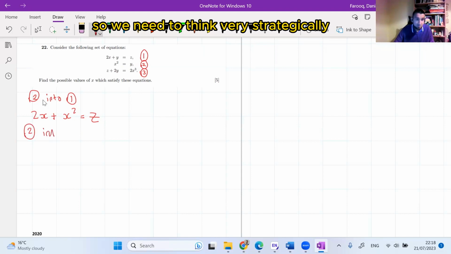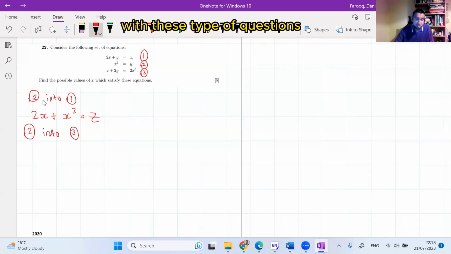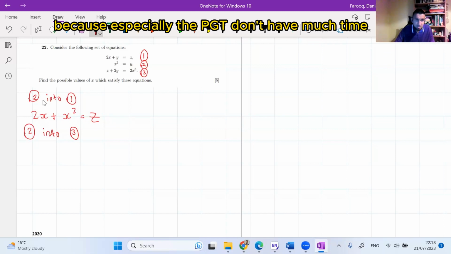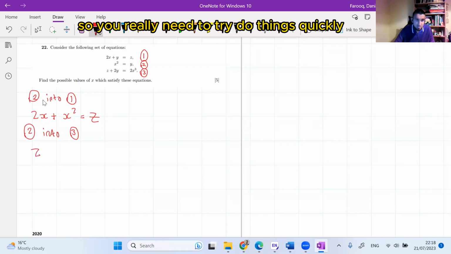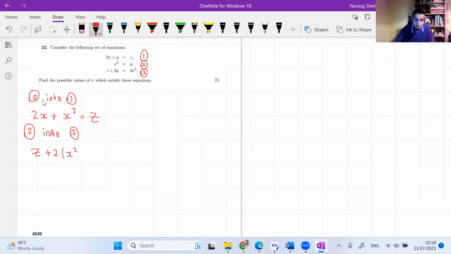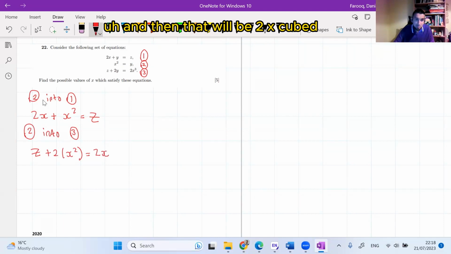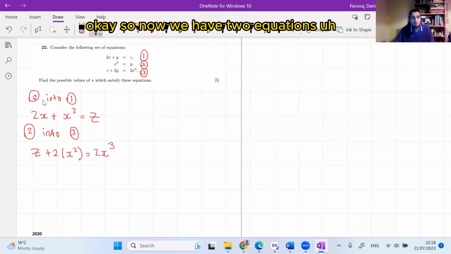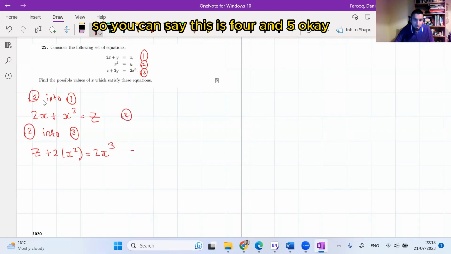We need to think very strategically with these types of questions because, especially with the PAT, you don't have much time, so you really need to try to do things quickly. So that y, we substitute it for the x squared, and then that would be 2x cubed. So now we have 2 equations with z and x. You can say this is 4 and 5.